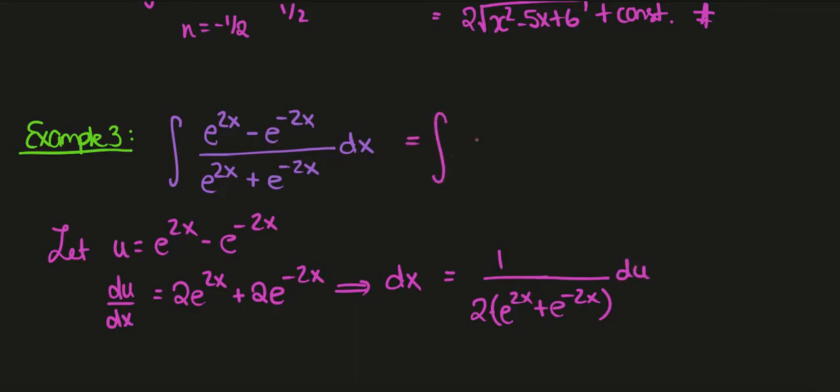So now this expression becomes u over e to the 2x plus e to the minus 2x times du. Now notice that this is not quite what we want.